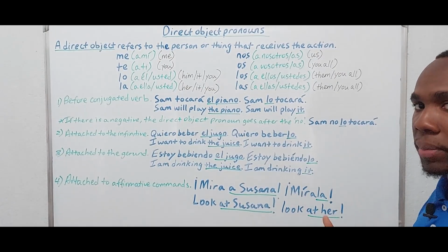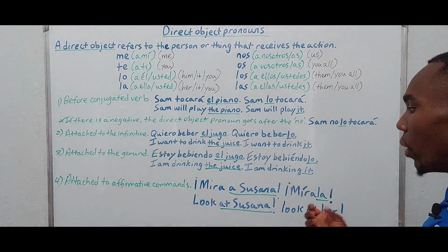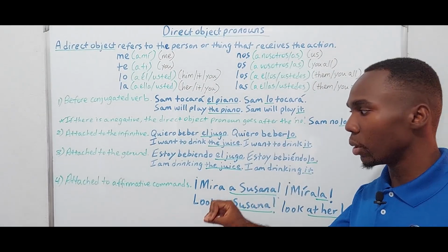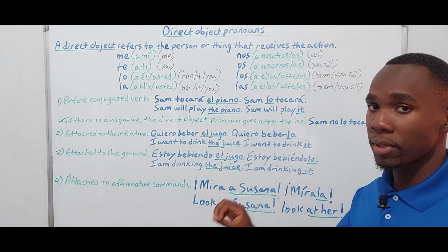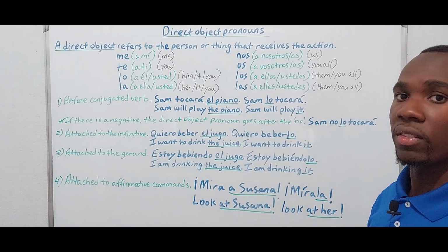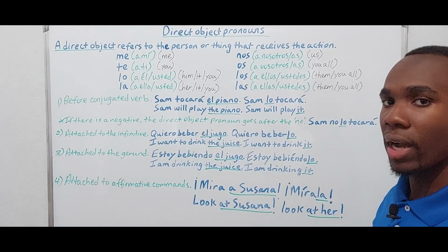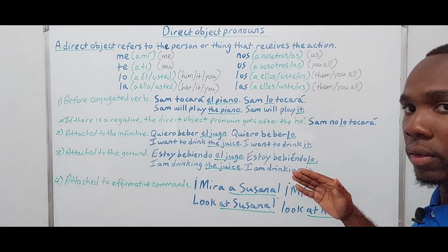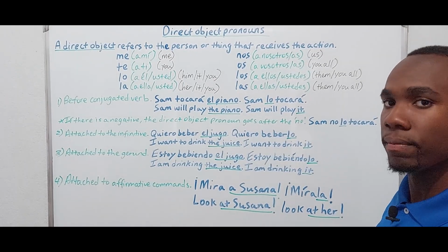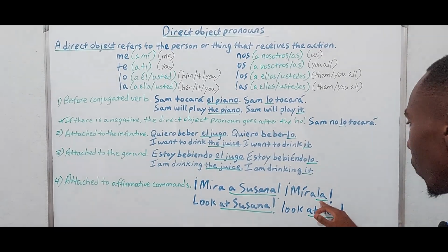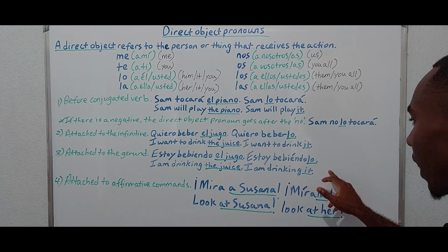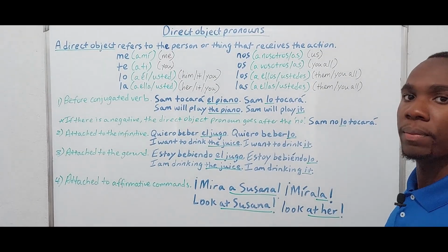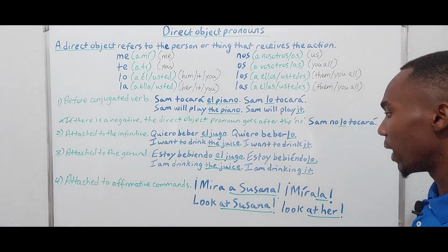And once again, there's a rule you have to pay attention to. If when you attach the direct object pronoun to the affirmative command, the word results in 3 or more syllables, then you have to put an accent on the third vowel from the end. So in this case, 1, 2, 3, accent. Mírala. Right? So just bear that in mind.